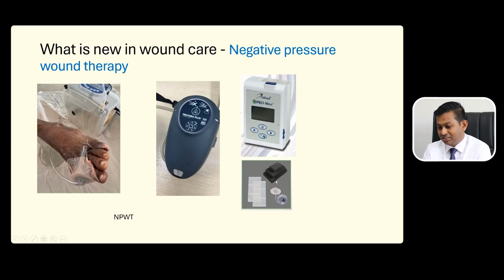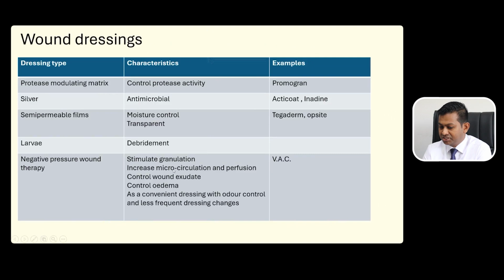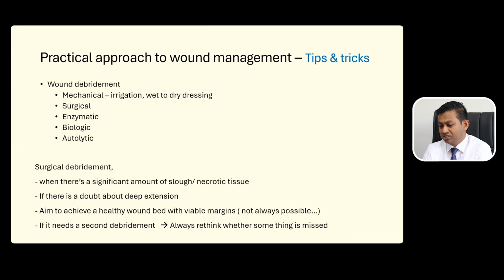It's like the commonly available PU foam, but this is medical grade and there are some differences, and through this we apply these films and create a negative pressure on the wound. It has many benefits, as I said earlier. It stimulates granulation, microcirculation is improved, exudate is controlled, edema is reduced, ultimately resulting in quicker closure of the wound.